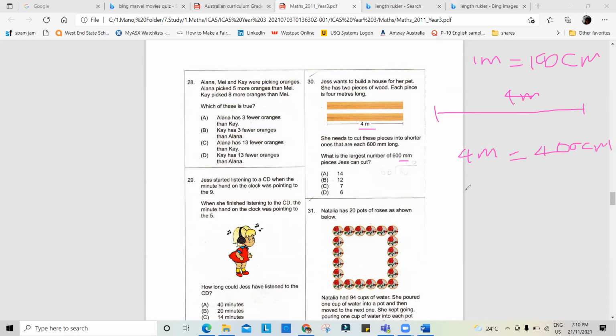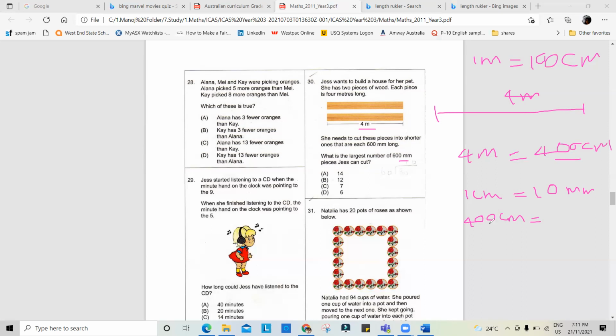Now you learned today 1 centimeter equal to 10 millimeters. This 400, I write here again, 400 centimeters. 400 centimeters, how many millimeters then? 1 equal to 10 millimeters.